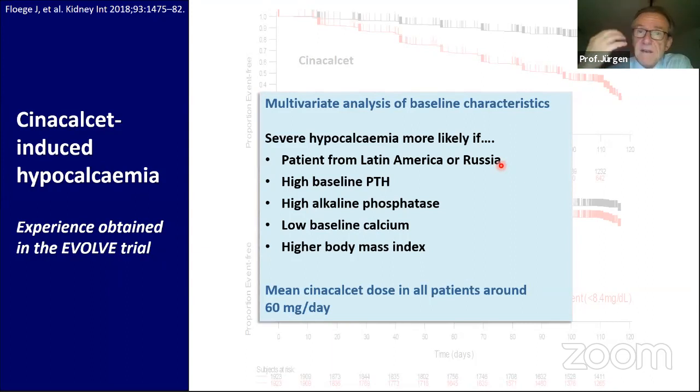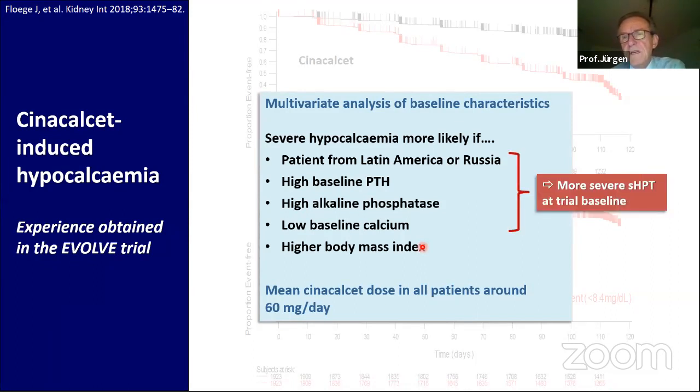So as I said, if you start a calcimimetic at a very high PTH, your calcium will drop very quickly. So this confirms that high baseline PTH is a predictor of hypocalcemia. High bone turnover is a predictor, and low baseline calcium is a predictor. High body mass index, we still don't really understand why that is a predictor.